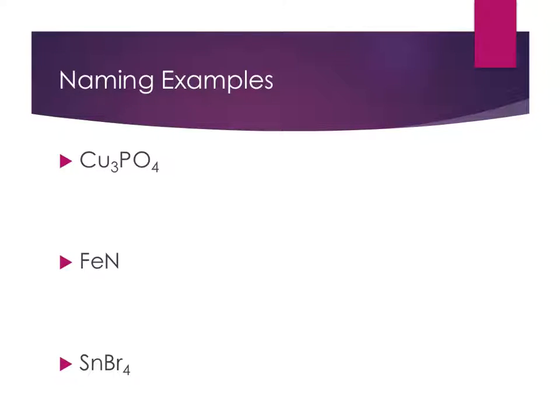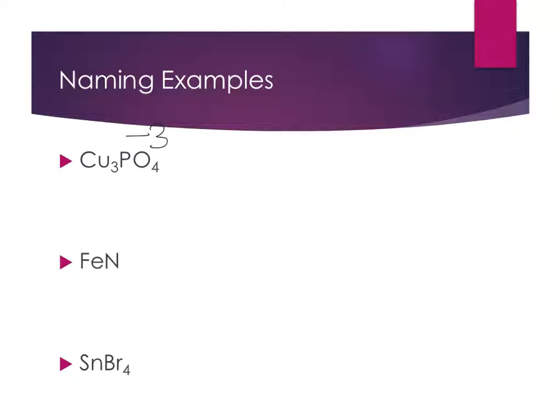Okay, so let's name the first one. You have to do a bunch of steps here, but I'm going to do them all with you right now. First thing we need to do is determine the oxidation state of our cation, which is our copper. We know we have 3 of those. We know that PO4 is -3, so let's just write here, right above, -3, and we only have 1 of them. And so each copper must have +1.